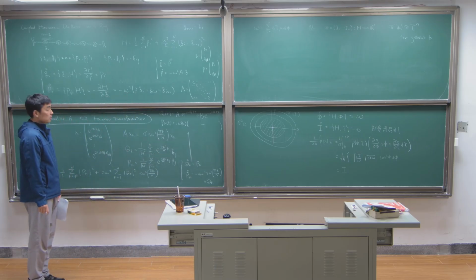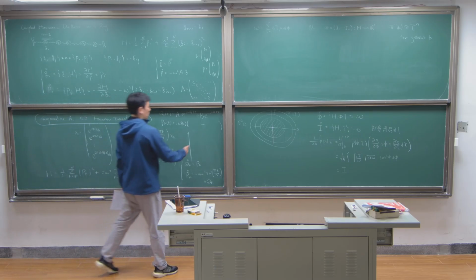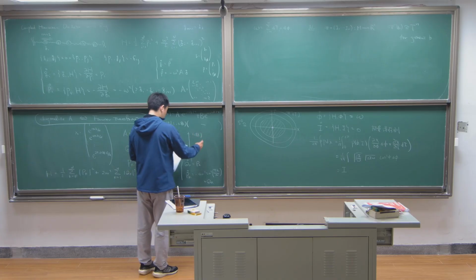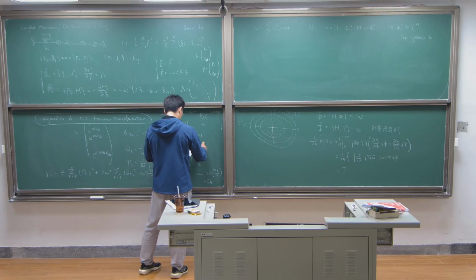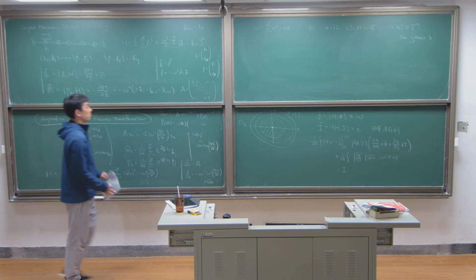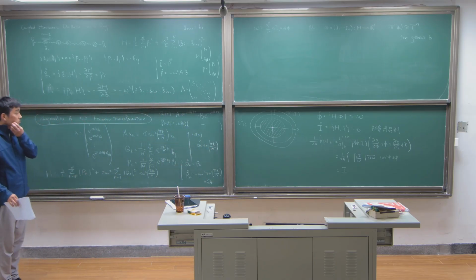Okay, so that's the case, where omega_k is of course given by 2 omega sine of pi k over N, like this one. So that's the explicit solution of this system.